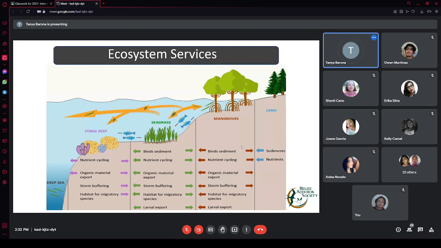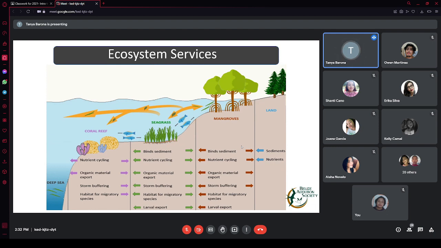Sediments get washed down from that area in the rainy season, especially in Belize, and settle in estuaries or mangroves. In this area, you get a good area for nutrient cycling and the exportation of other organic material from that system back out to the seagrass and the coral reef.